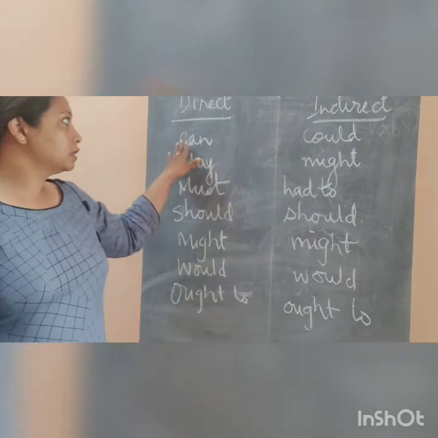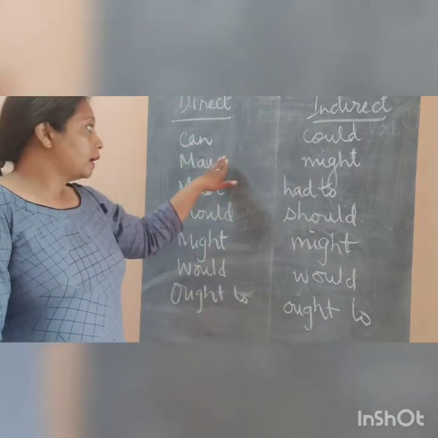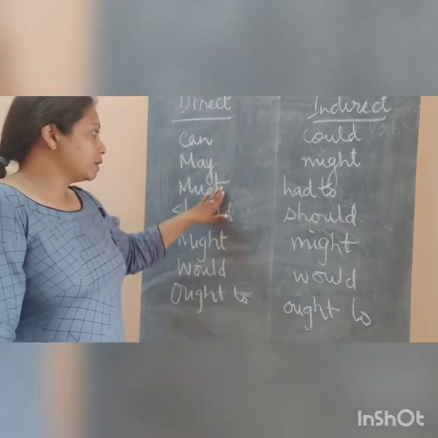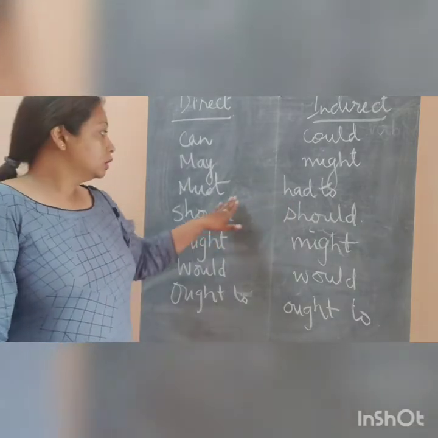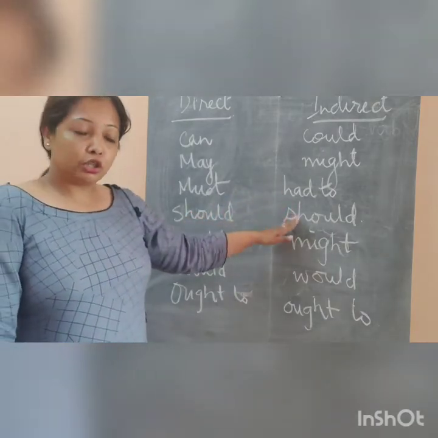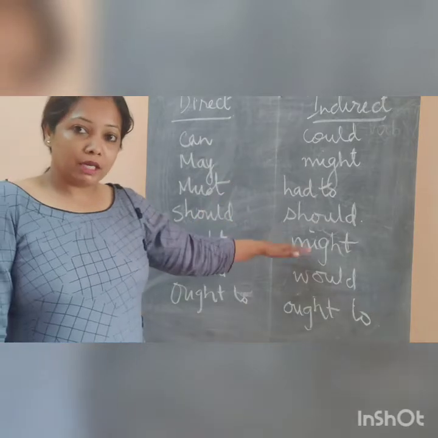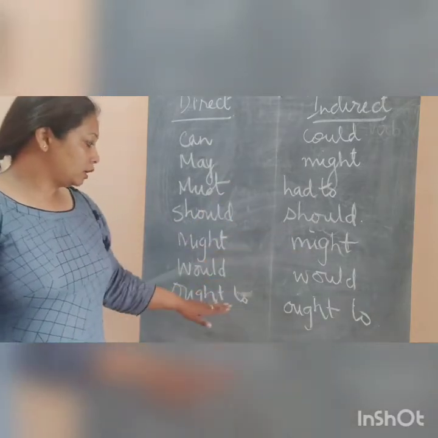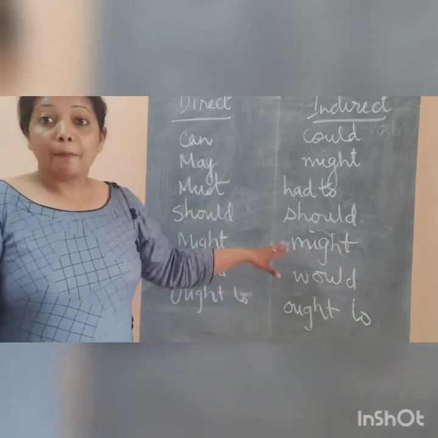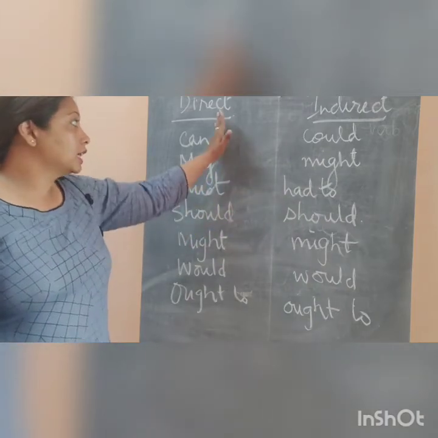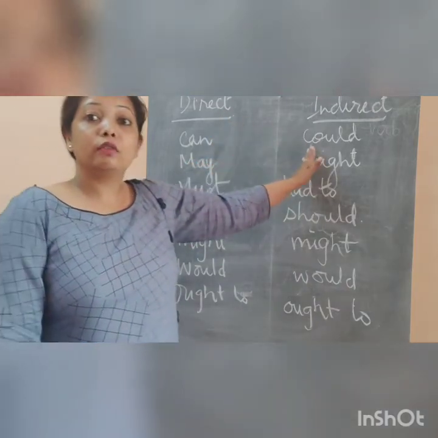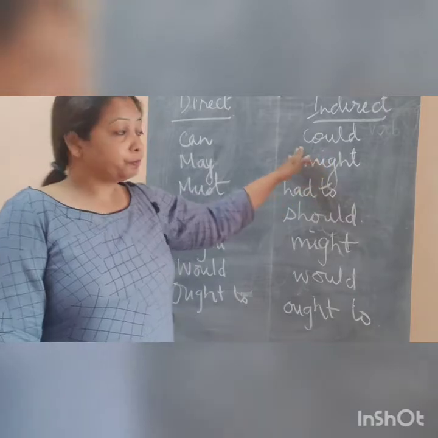So let's see this. Can will change to could, may will change to might, must will change to had to, should will be should, might will be might, would will be would, and ought to will be ought to. But you can see here, if in the direct speech it is can, indirect will be changing to could.